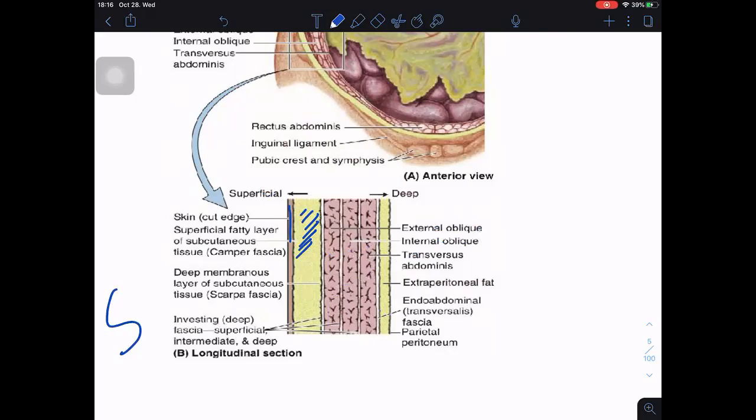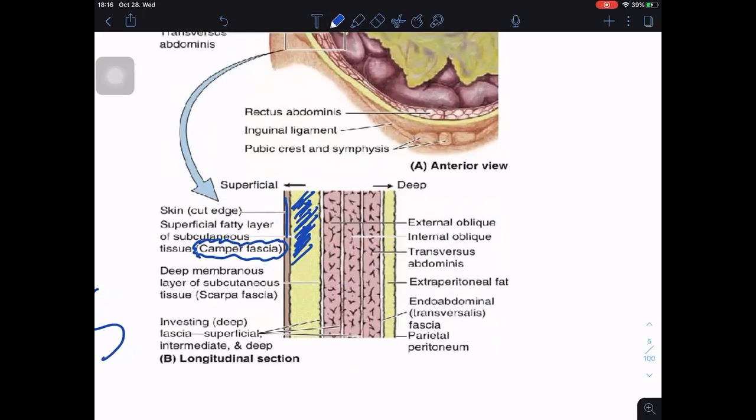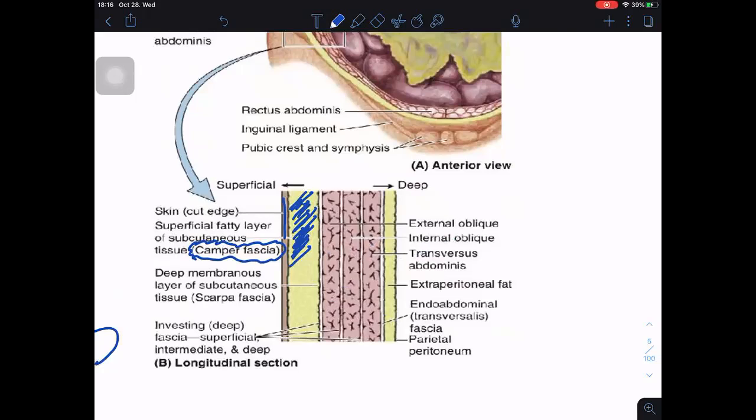So this fat, which is deep to the skin, is called Camper fascia. Okay, they love it. They will ask you about it for sure. And the thing which makes the subcutaneous tissue of the abdominal wall different from other places is that right on the posterior or deep surface of this Camper fascia, which is the fat, there's this black color, which I'm just lining over it.